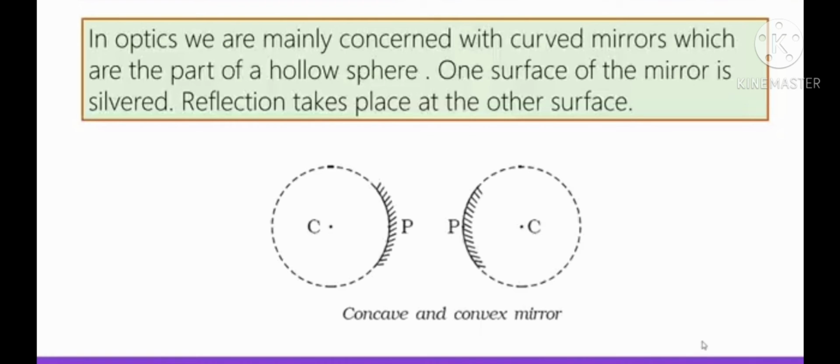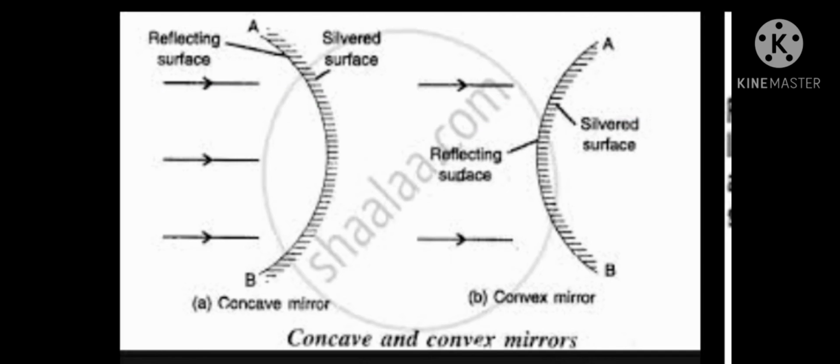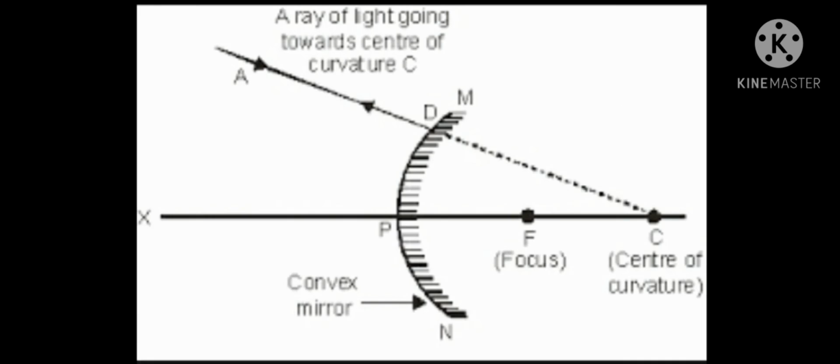According to the reflecting surface, we can name the mirror. That means if the reflecting surface is concave, then the mirror is known as concave mirror. If the reflecting surface is convex, then that mirror is known as convex mirror. We should remember about these curved mirrors for further studies.